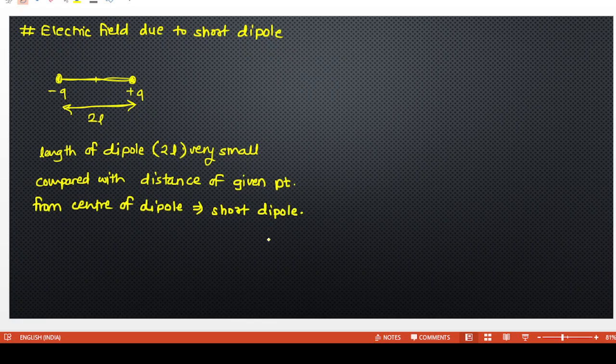A short dipole is the dipole whose length, that is the separation between the charges, is very small compared with the distance of the given point from the center of the dipole.